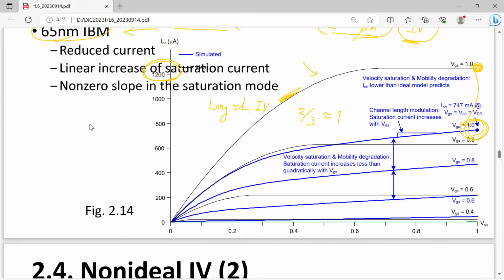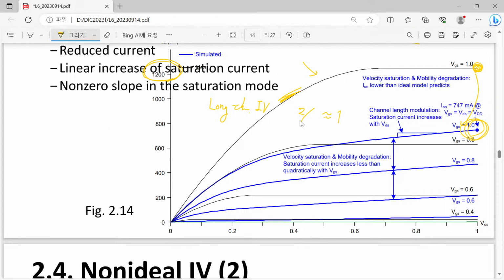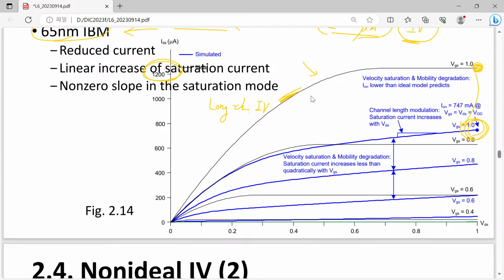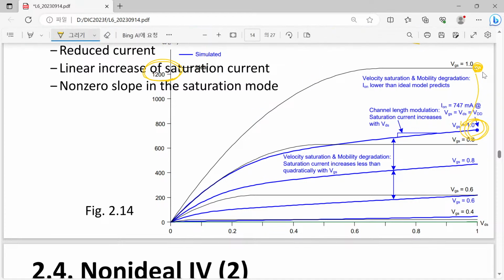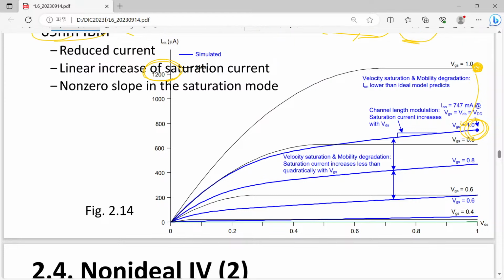So you know that nowadays with every technology node, your improvement is not that huge. So this 2/3 or 1/3 reduction of IV characteristics due to the long channel model is quite important. Okay, so this is too severe a failure of our prediction. So why do we have such a huge reduction? That is one thing we have to ask ourselves.